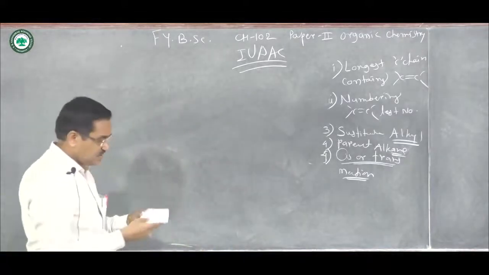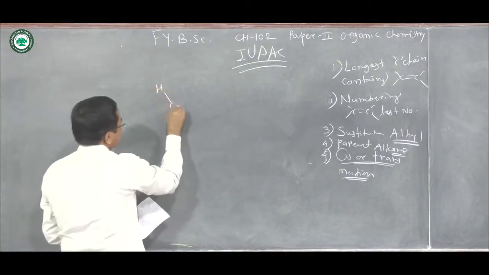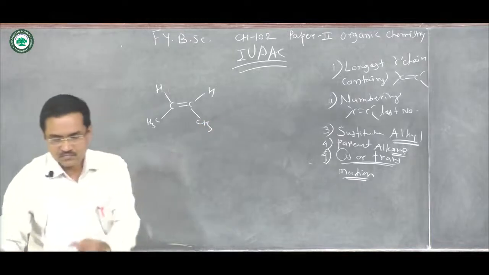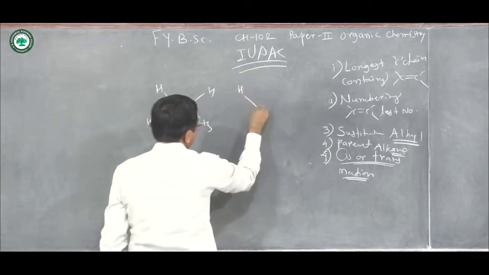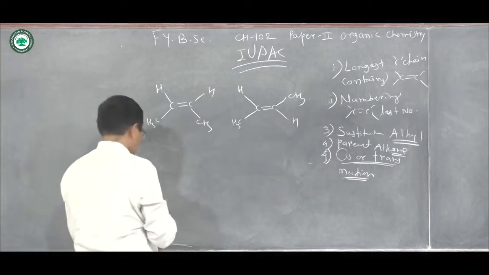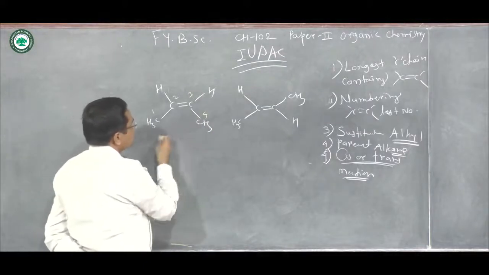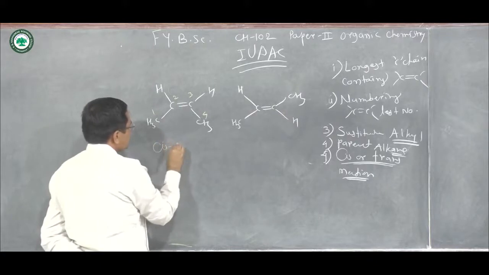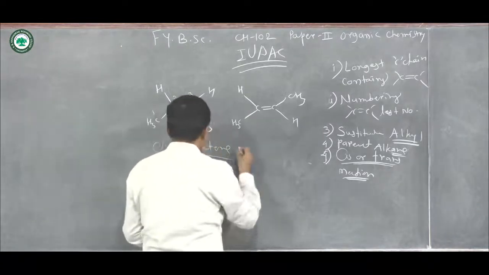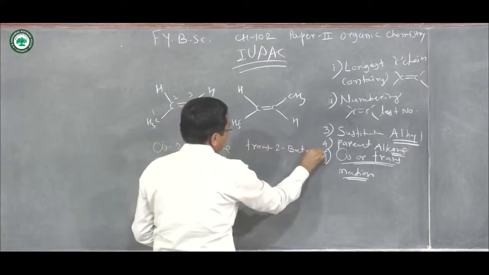We take one more example from cis and trans. So here 1, 2, 3, 4, and same groups are present on the same side, so it is cis-2-butene, and here this is trans-2-butene.